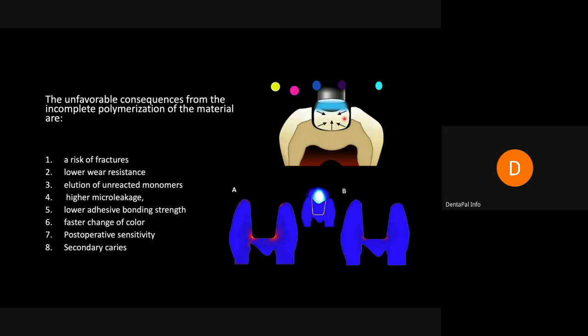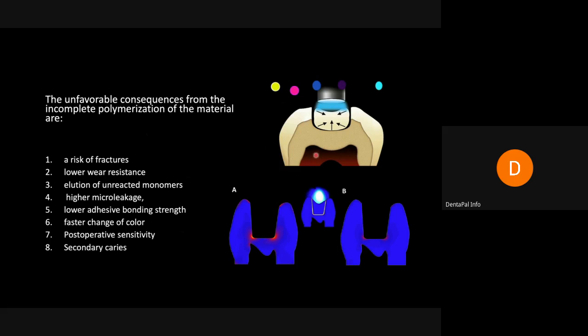And when it becomes less and contracted, shrinks into the core of the composite, the result could be fracture, lower wear resistance, release of unreacted monomers, higher microleakage. These spaces and gaps will mean more and more microleakage, lower adhesive bonding strength.